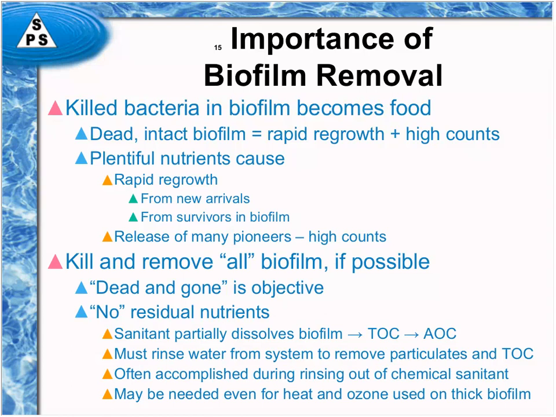And so if you use heat and ozone on an infrequent basis, you may find that even though you can get rid of the heat and get rid of the ozone in situ, there's great value in flushing it out of the system just to reduce the level of food that's floating around in the water. Usually after these treatments, you find that the TOC is really, really high, much higher than it had been before you did that treatment. So flushing it out of the system has some advantages.